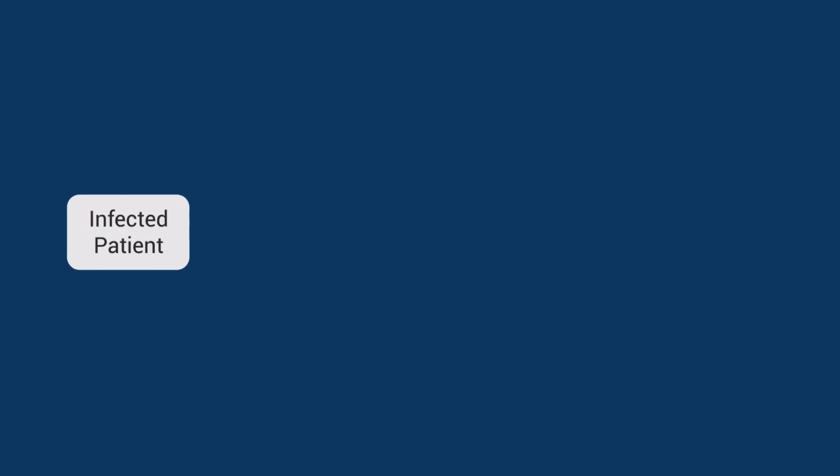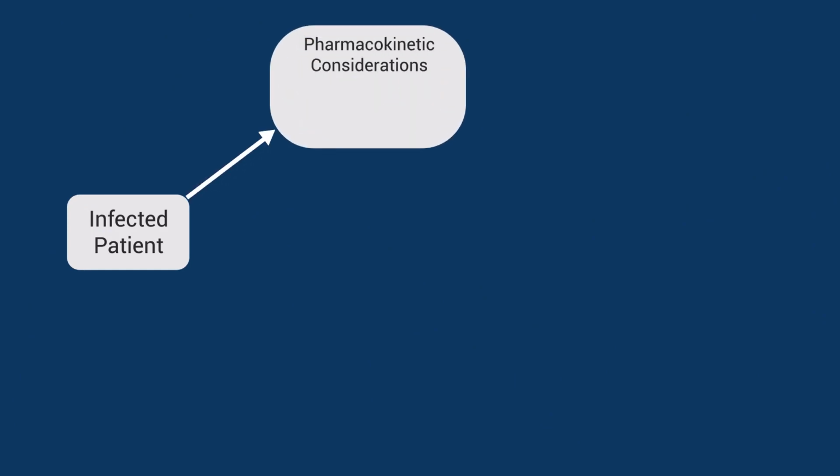In summary, if I put it all together, if I have an infected patient, I need to have my pharmacokinetic considerations in terms of volume of distribution, which would relate to the solubility of the drug, hydrophilic or lipophilic, protein binding, and the clearance mechanism. Based on my volume of distribution, I will determine my loading dose; my clearance will determine the maintenance dose.